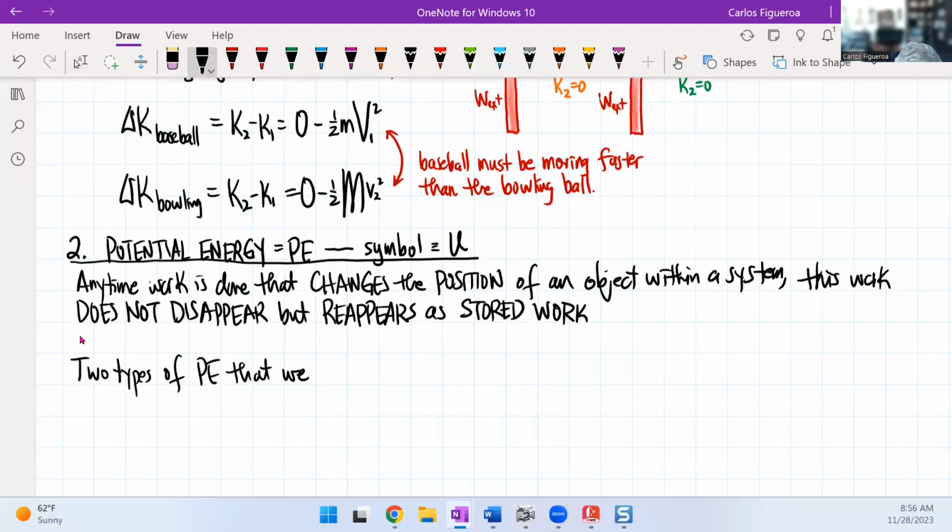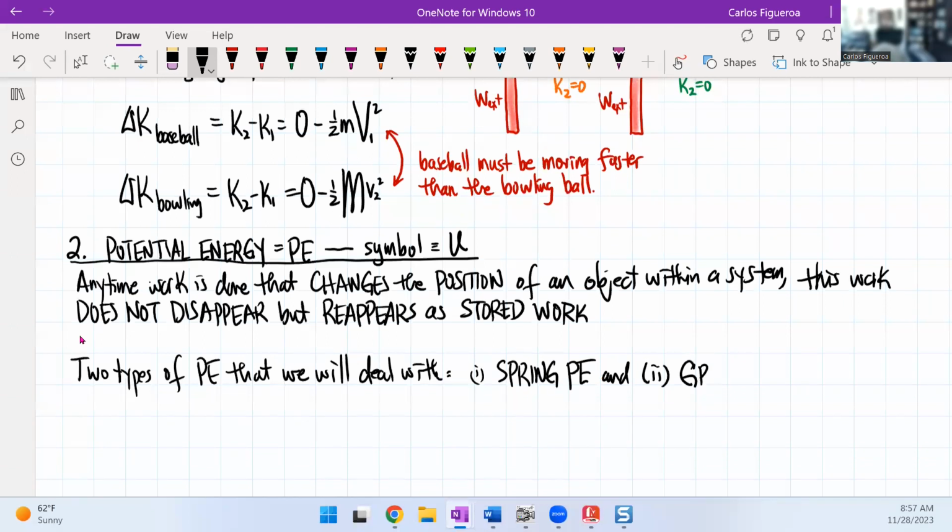One is called a spring potential, and the second kind is called a gravitational potential. The spring potential energy, we typically write with US, and the gravitational potential, we typically write with UG.